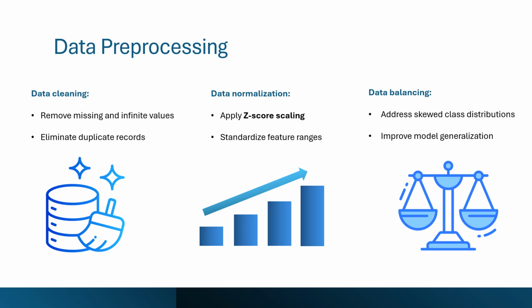Overall, preprocessing helps reduce noise, eliminate bias, and prepare the dataset for effective feature engineering and model training. Without proper preprocessing, even the most advanced machine learning models would struggle to achieve reliable performance.